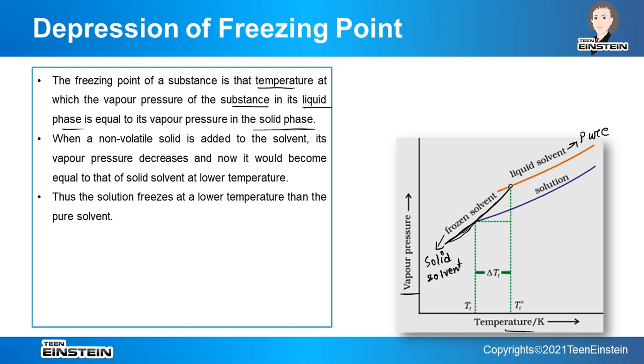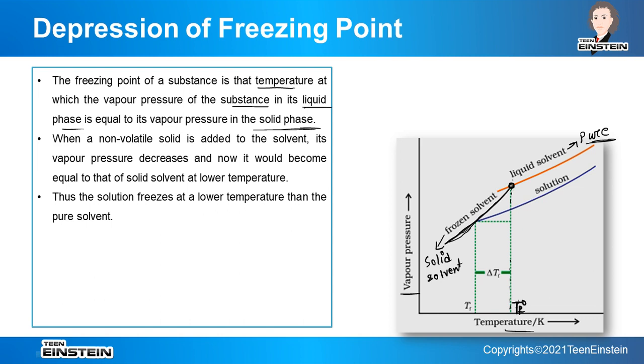These two lines meet at this point. According to the definition, when the vapor pressure of the substance in its liquid phase is equal to the vapor pressure of the solid phase, if you draw a line from this point to the temperature axis, this is Tf naught. So this is the freezing point of pure solvent, because this is the point of meeting of these two vapor pressure lines.